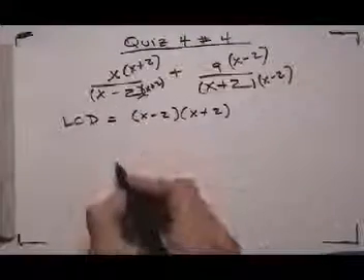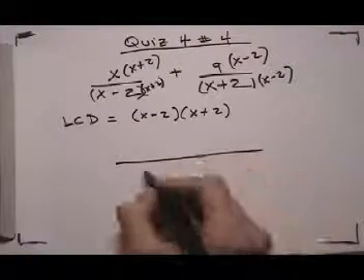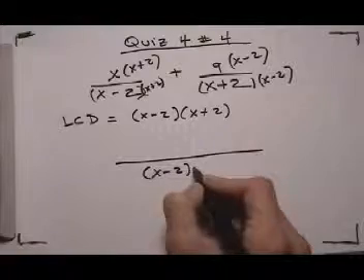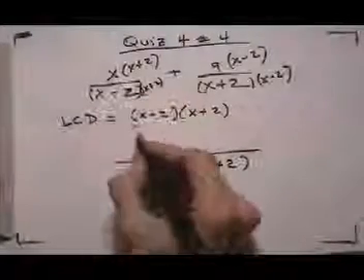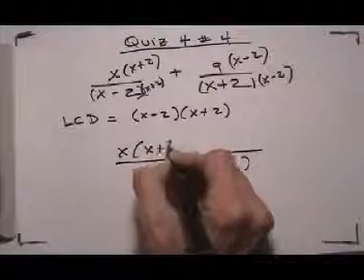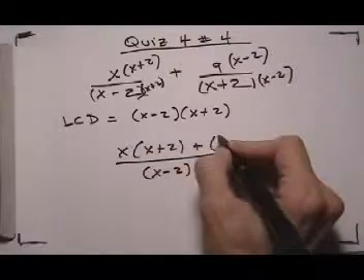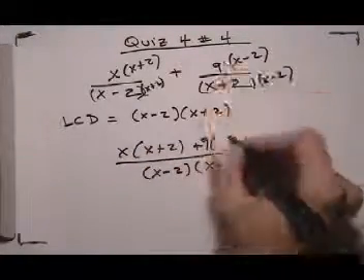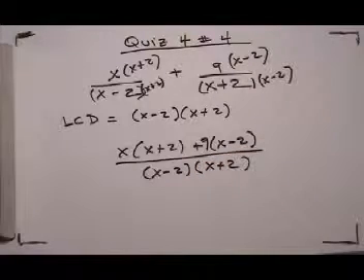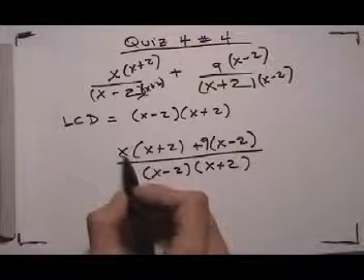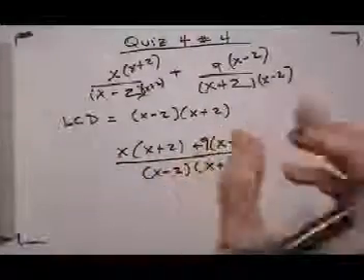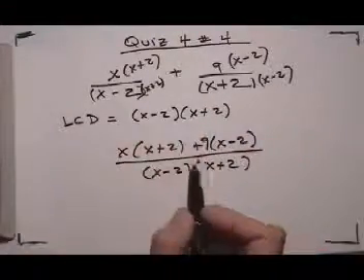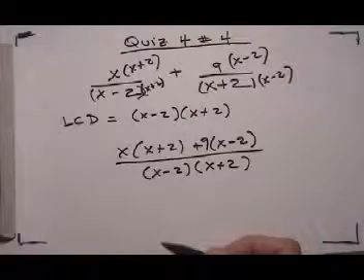Now what we have is a single denominator, the LCD, x minus 2, x plus 2, and the numerator is x times x plus 2 plus 9 times x minus 2. Our next step is going to be to simplify the numerator, do any collecting like terms, and any factoring that we can to see if we can cancel with the denominator.